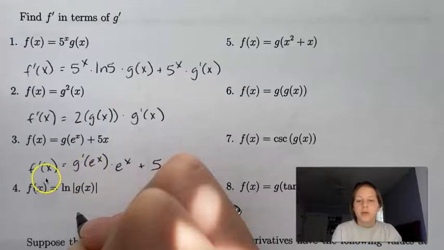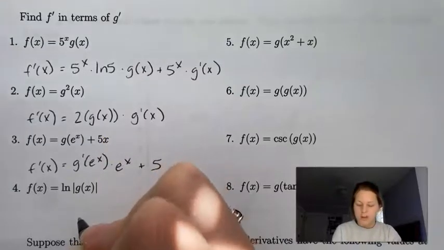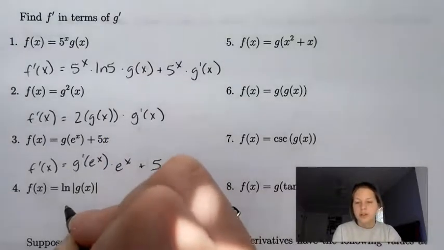So when you get g prime of e to the x, and then the derivative of e to the x is e to the x, so you're multiplying by the derivative of the inside function, and that is how you do the chain rule in this case. And then at the end, this is a separate function altogether, so you just plus 5, because that's the derivative of 5x.